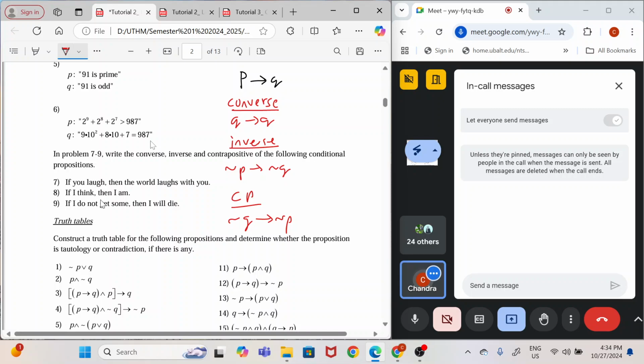Write the converse. So for converse, for number 7 here, if you laugh, then the world laughs with you. If I want to write converse here, how to write converse? Q implies P here. You write the other way around.